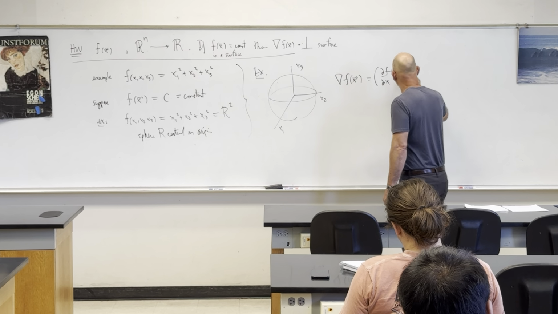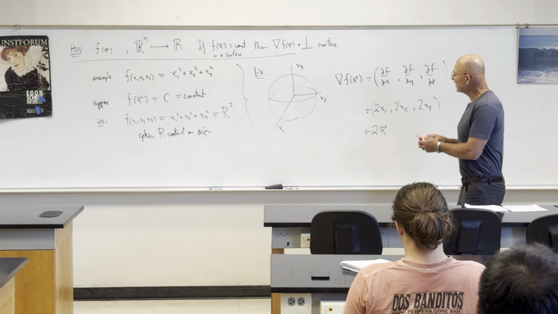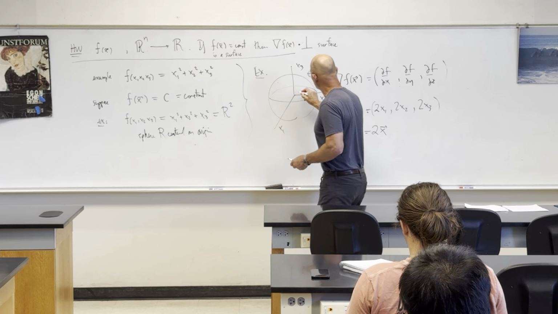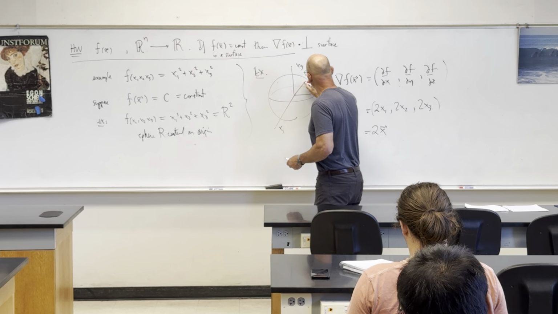So what do we have here? We have 2x1, 2x2, 2x3. That's 2 times the vector x itself. So if we're at a point on the sphere, then the gradient really is perpendicular to it.